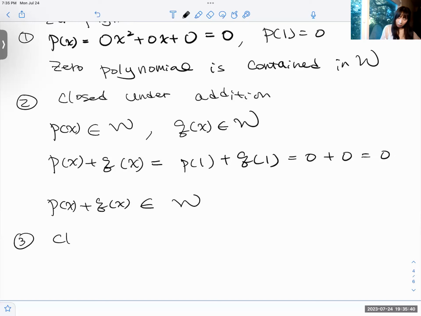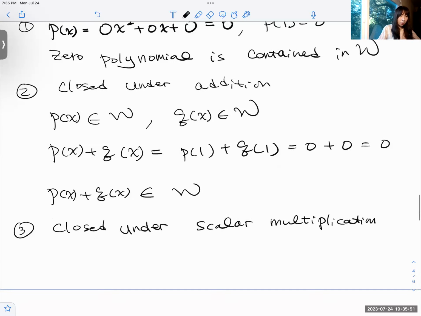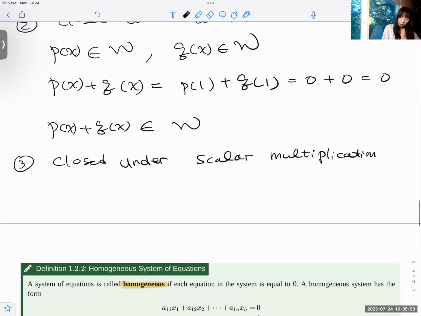Number 3, closed under scalar multiplication. Okay, so let C be a scalar.